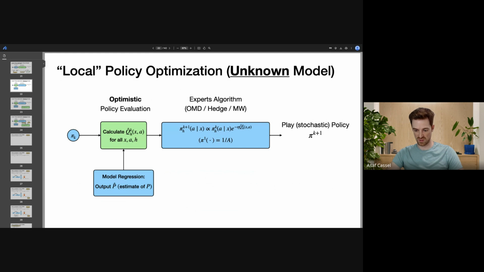Of course, what we're interested in is the case where the model is unknown. So the naive thing that you would do is simply estimate the model. And now instead of calculating the true Q function, which you could do before, now you need to estimate it, and you would have to have an optimistic estimate. Optimism would generally entail having an estimate, since these are losses, that is smaller than the true value.